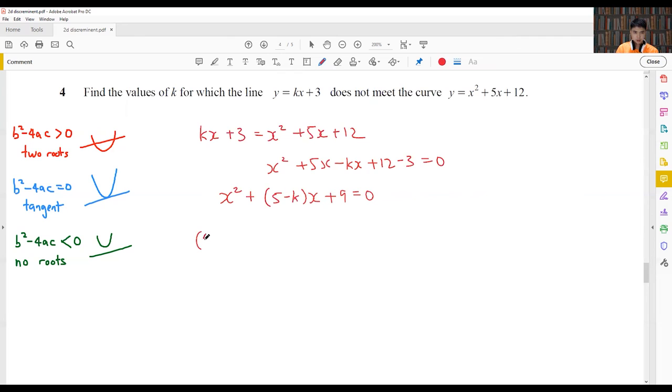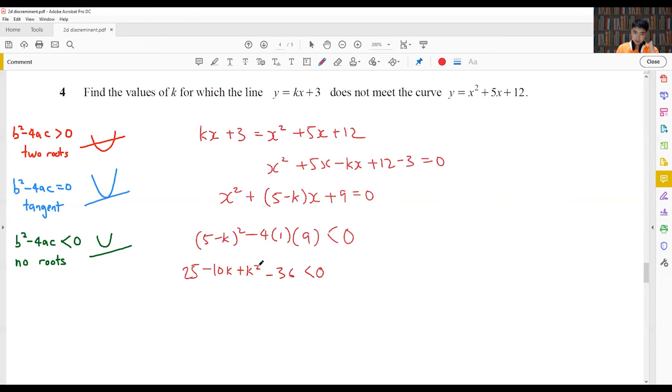b squared minus 4ac is less than 0 in this case. Less than 0. Okay, open up this bracket here. 25 minus 10k plus k squared minus 36 is less than 0.